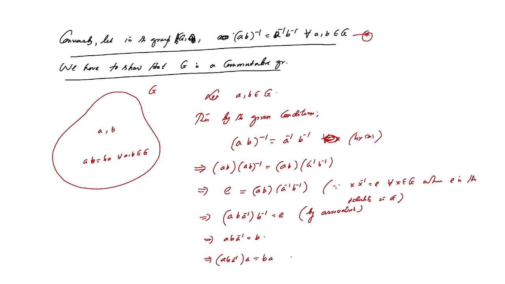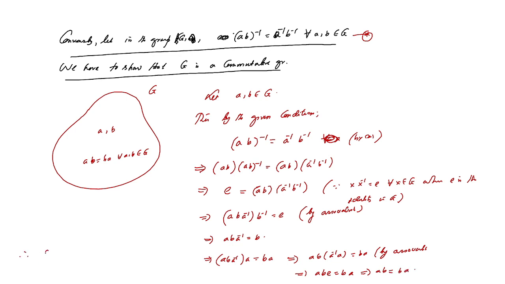You see, multiply both sides by A. And from that we can write AB A inverse A equals BA, again by associativity. And from that we can write AB E equals BA. And from that we can write AB equals BA.